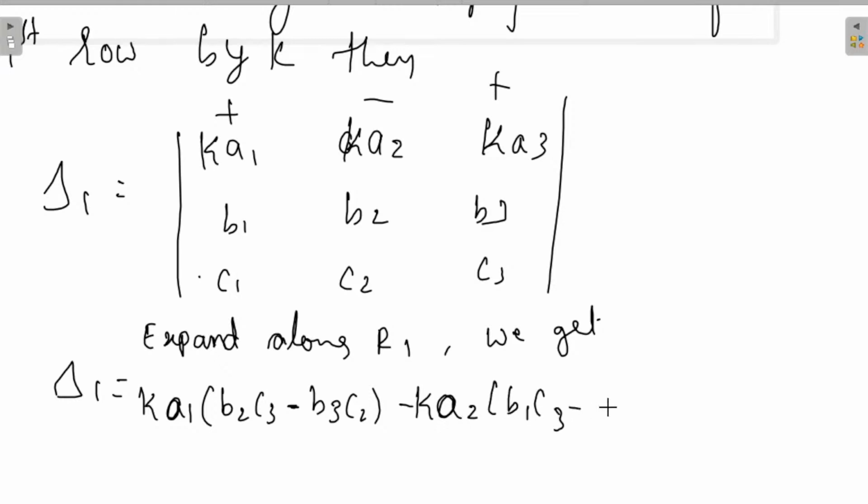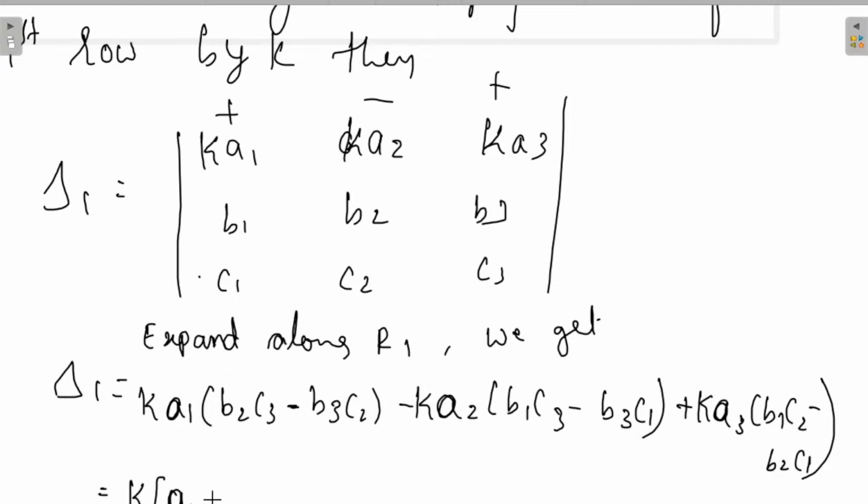You can also tell how is the class going on, are you able to understand the class or not? Minus b2 c1. Okay, this is what we got as usual. Now here what we will do, I'll take k as a constant.